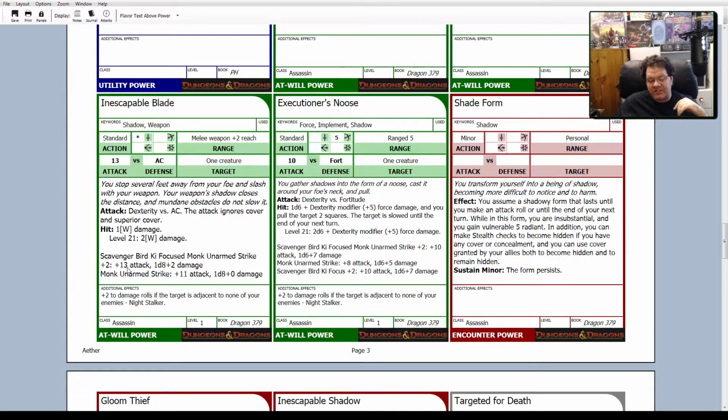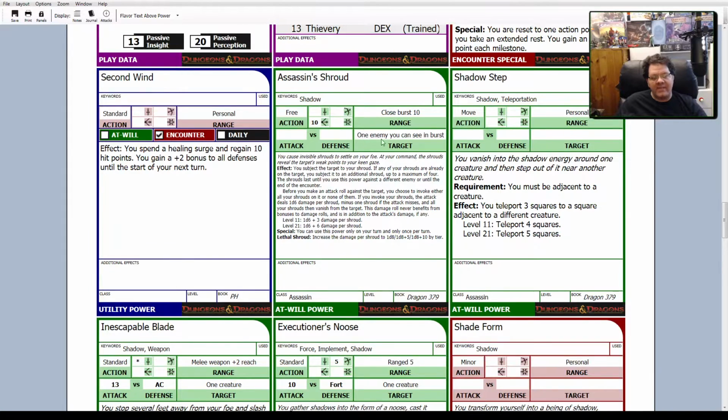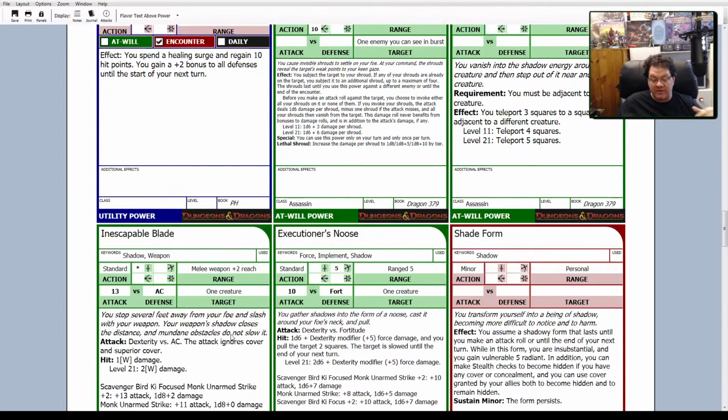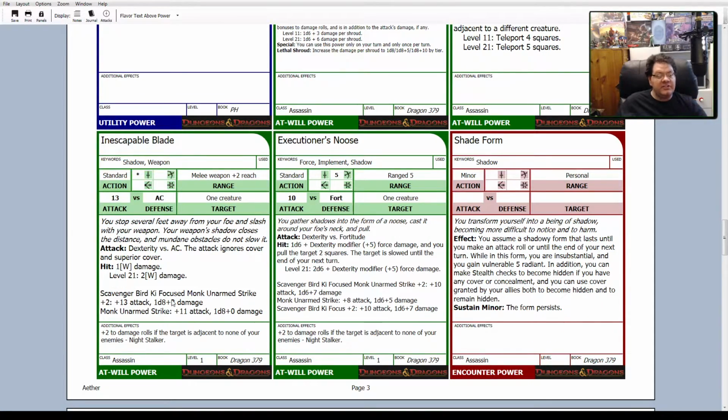So it's a plus 13 to attack rolls and a 1d8 plus 2 damage. So not a ton, but when you combine that with this Assassin Shroud, which I can do every turn, that means every turn from up to 2 squares away, I can do 2d8 plus 2 damage. And it just gets more powerful as I get to the higher levels.